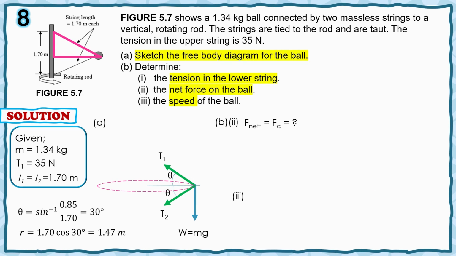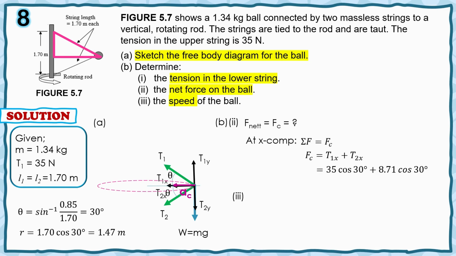To determine the net force on the ball, take note that the net force represents the centripetal force. Because of that, the centripetal force of course relates to the AC, right? So AC is at the X component. We can refer to the forces exerted at the X component, where our concept is total force exerted is equal to centripetal force.